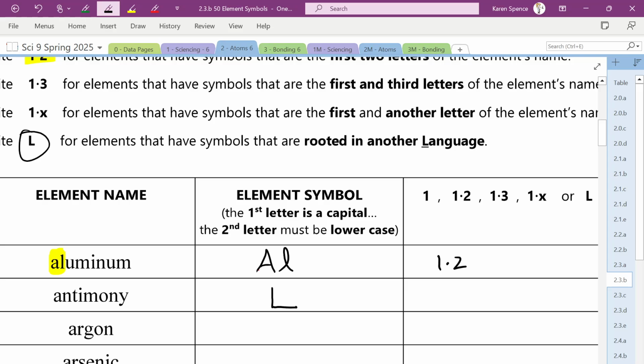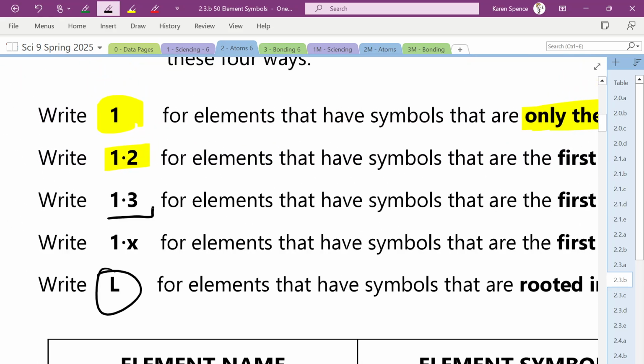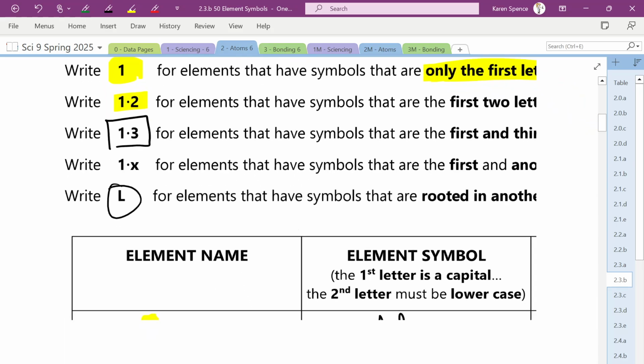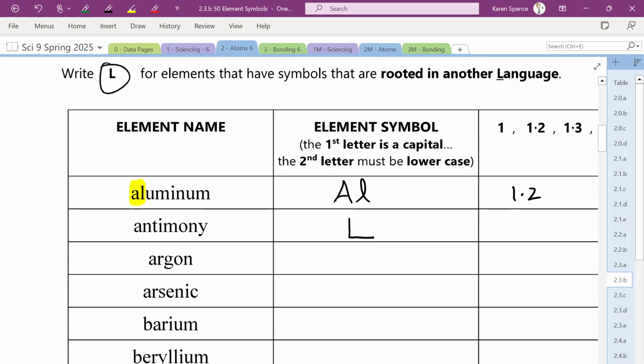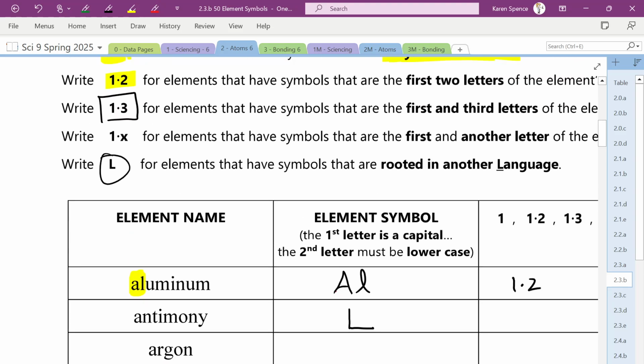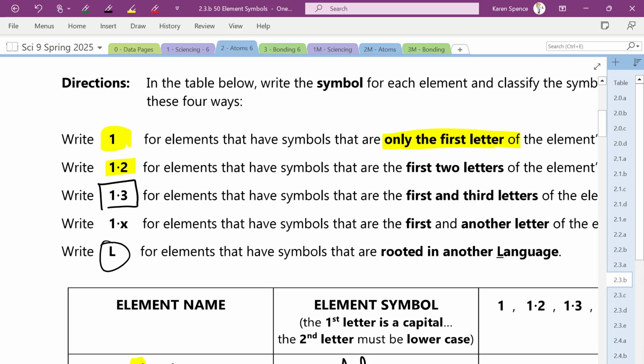And if you have something where you have letters 1 and 3, like arsenic is the A and the S, we're going to write 1, 3. Okay? And then if it's the first letter and then some random letter in the middle, if it's not the second one or the third one, it's just letter number 1 and then something later on, you can just write 1.x.